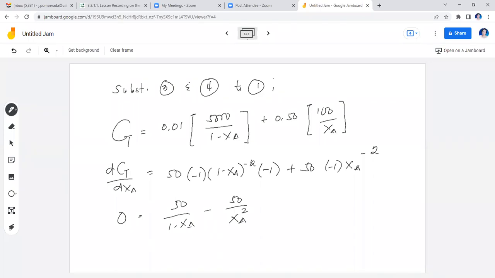Okay, so we will have a value of xa. What's the value of xa? Is this 50?